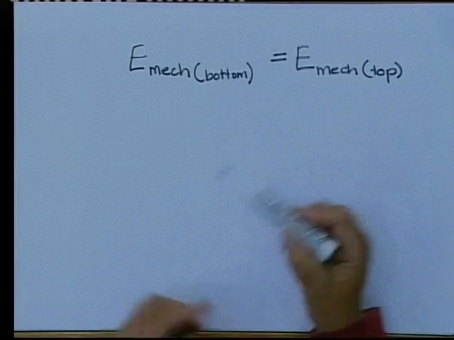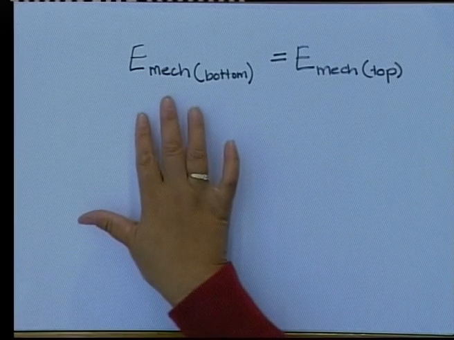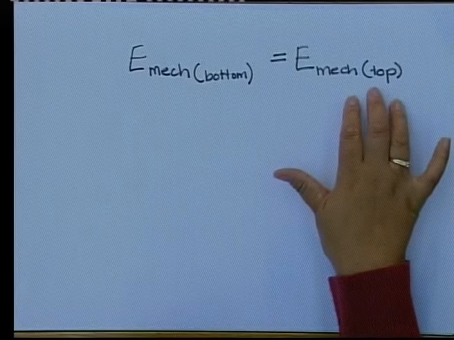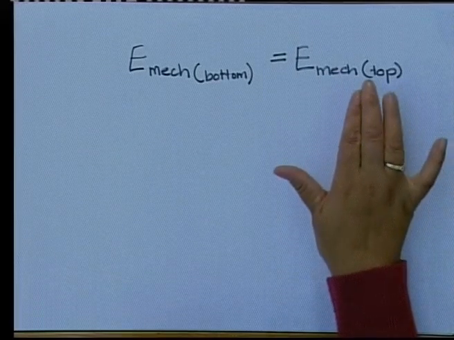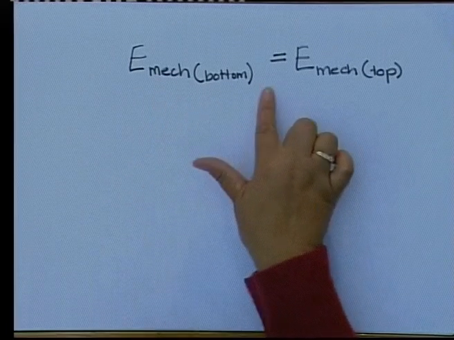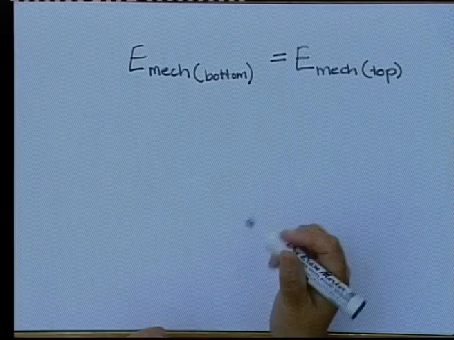That is conservation of mechanical energy. So simply, your mechanical energy is conserved. The mechanical energy at the bottom is equal to the mechanical energy at the top. Or you could even say that the mechanical energy at the bottom is equal to the mechanical energy at any other point.